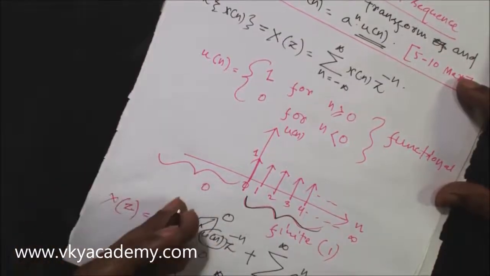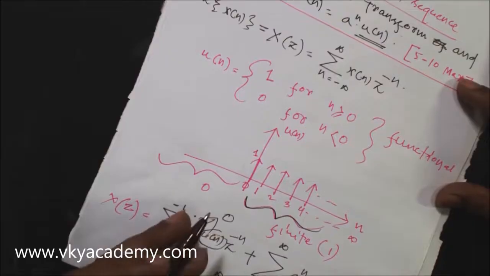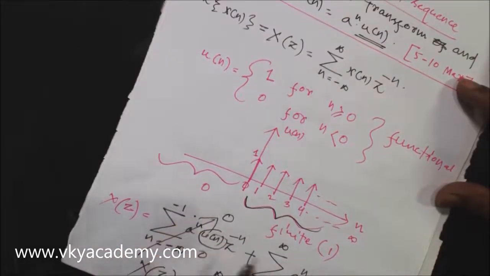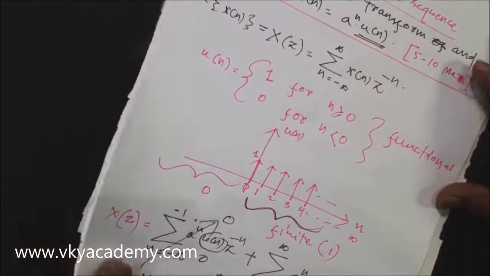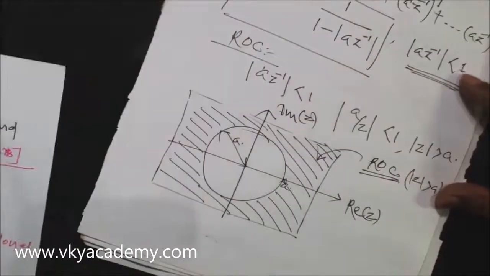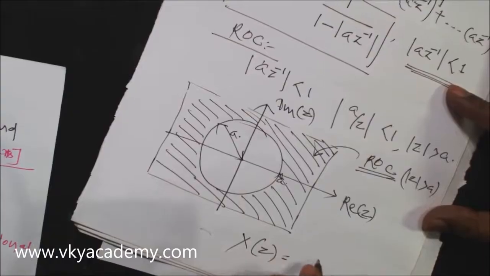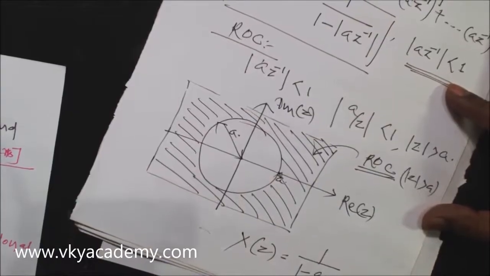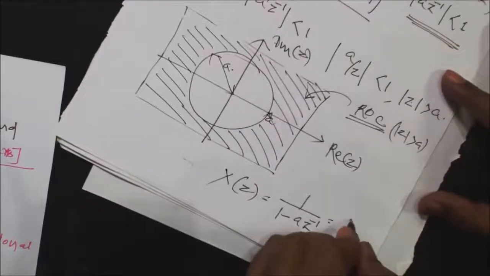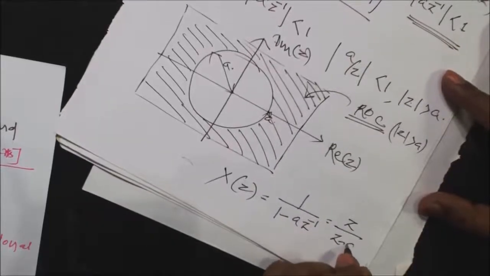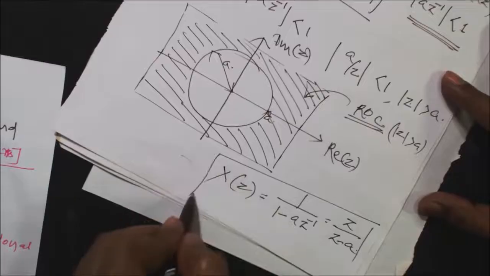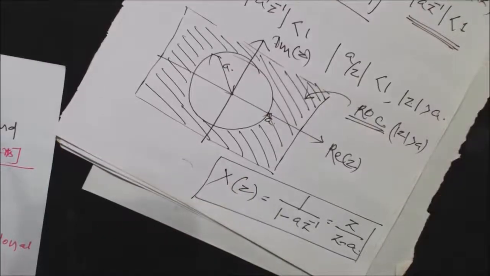And as per the definition of a causal sequence, we know a causal sequence is always finite for n greater than or equal to 0. So our z transform x of z is 1 by 1 minus a z inverse, which can further be written as z by z minus a. Thank you.